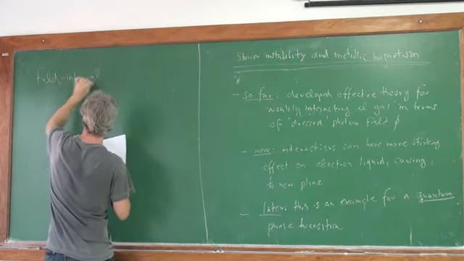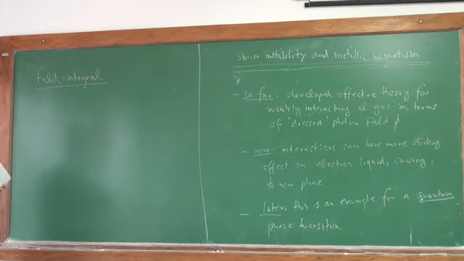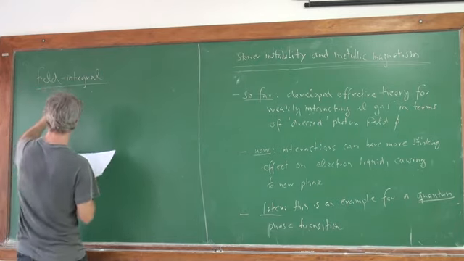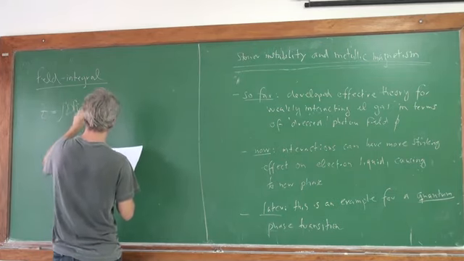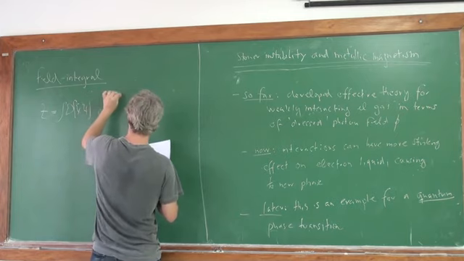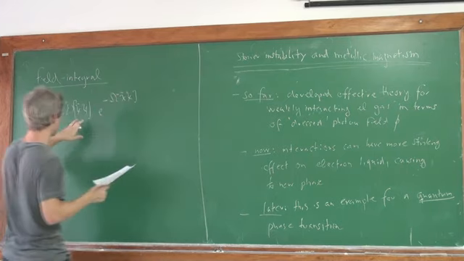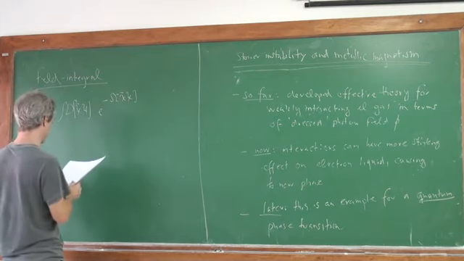In the end, one can introduce sources to derive correlation functions, but for simplicity let's look at the partition function first. So the partition function is a field integral weighted by the action, and the action now is here.